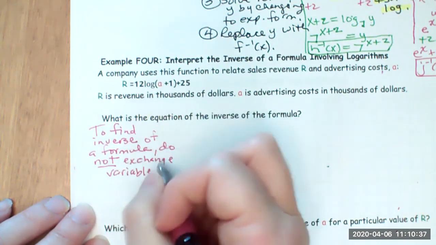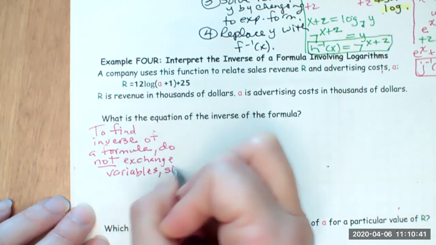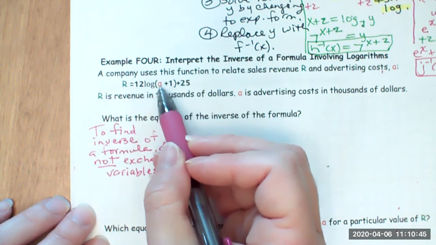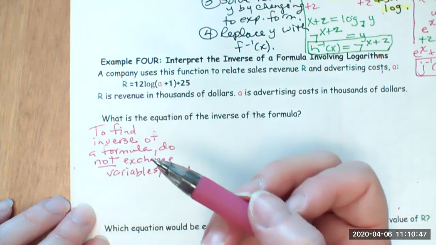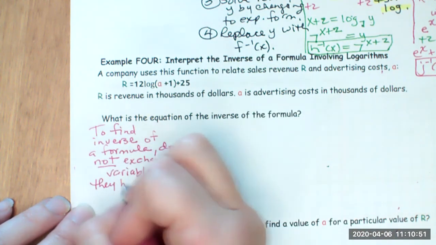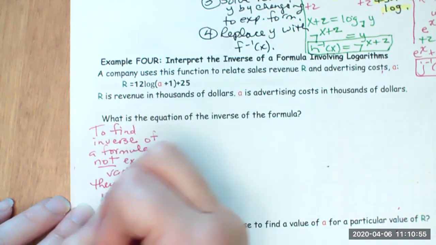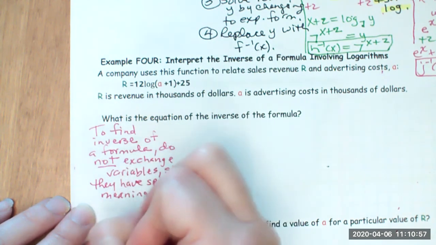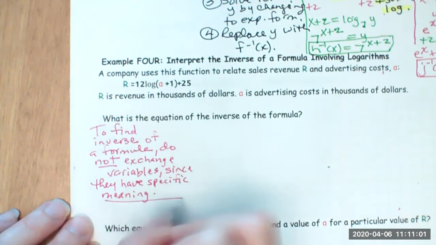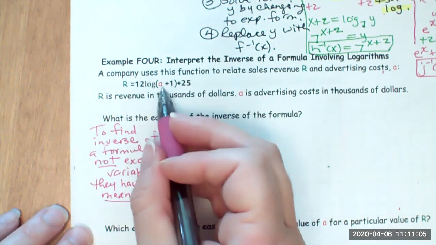Okay, and that's because they have specific meaning, right? So R means revenue and A means advertising costs. So we can't just change their location arbitrarily. Okay, so since they have specific meaning, what we're going to do in this case is just solve for A in terms of R.